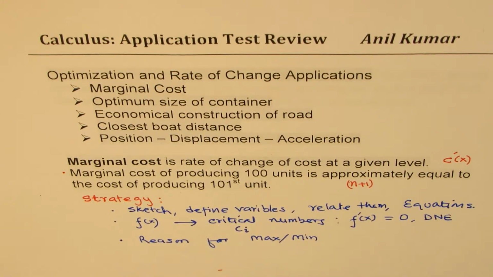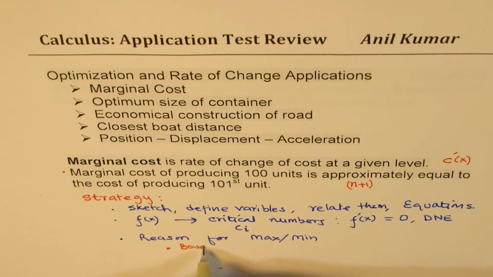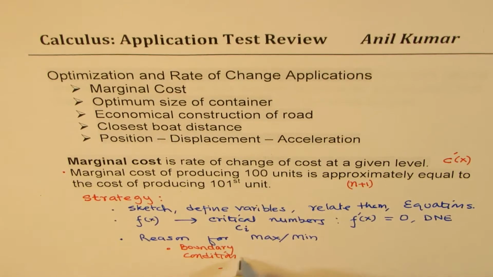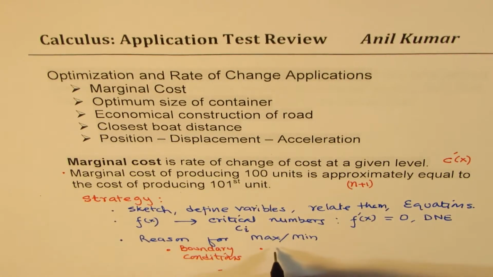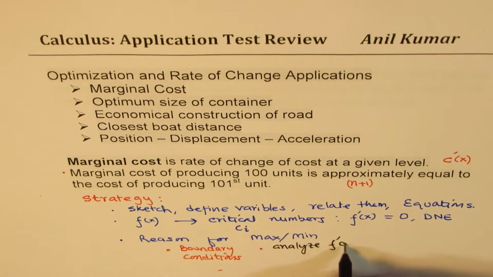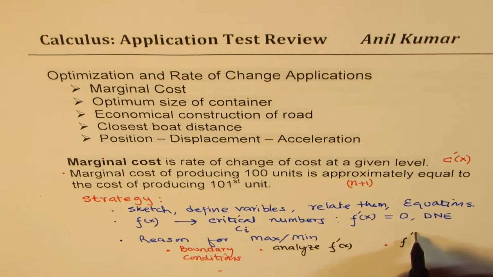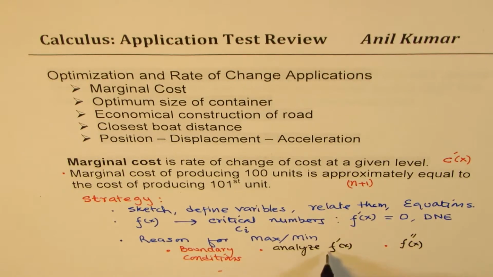Now reasons could be provided in different ways. You could use boundary conditions. That is one way. The other way could be that you could analyze first derivative. Correct? And the third way could be you can find second derivative. Is it okay? So analyze first derivative or find the second derivative.